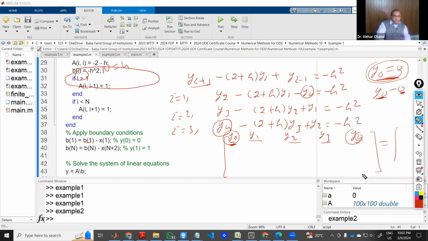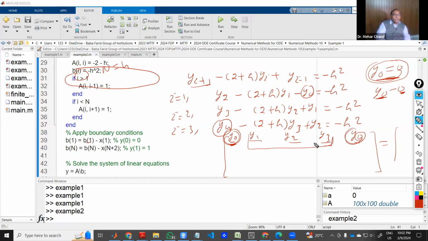Now when you include the boundary points, there will be 1, 2, 3, 4, and 5, so 5 equations. But these are the unknowns, and we will compute only these values.